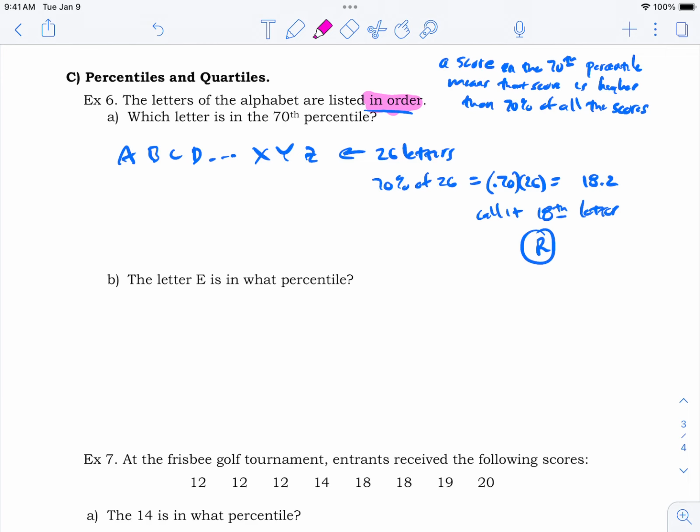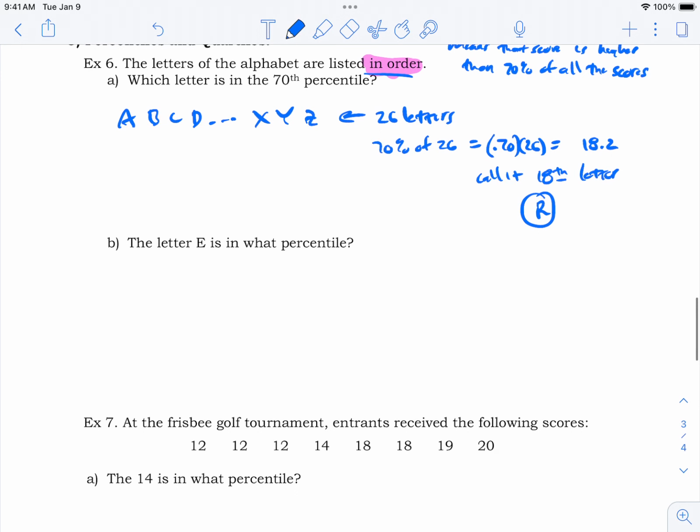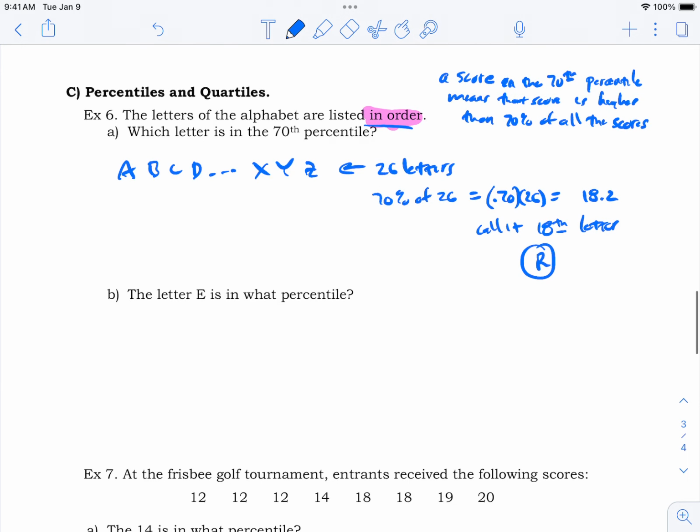Then you can start talking about percentiles. Now we can come at this from the opposite point of view. This was saying, I have the 70th percentile, what letter is that? This is saying, I've got the letter, what percentile is that? So the letter E is what percentile? Well, first you have to say, what position is it in? Percentile is about position. So it's in the 5th position, A, B, C, D, E, out of 26 total positions, right?